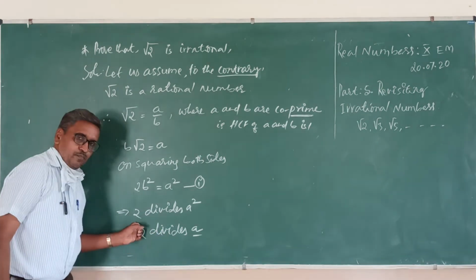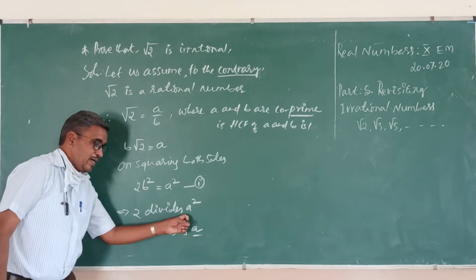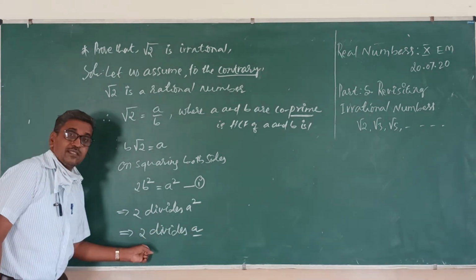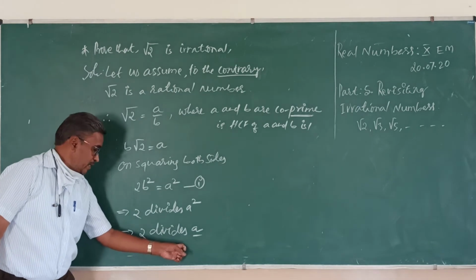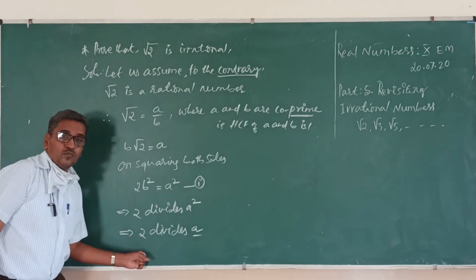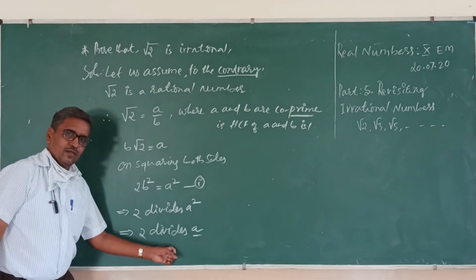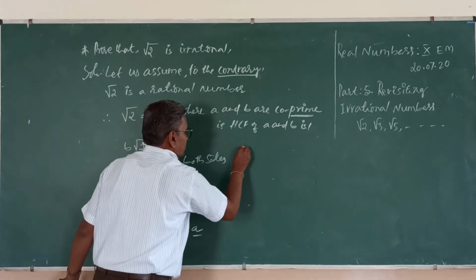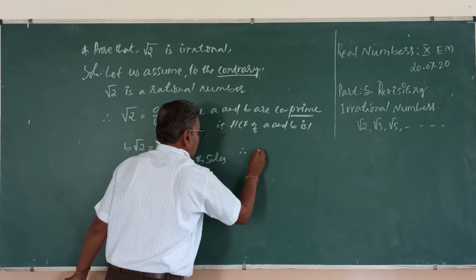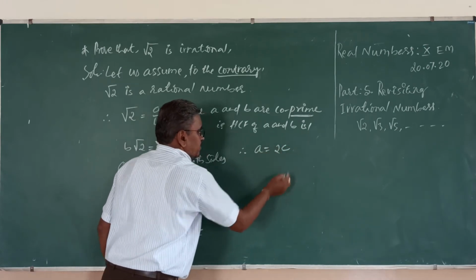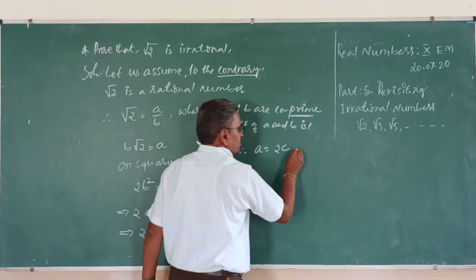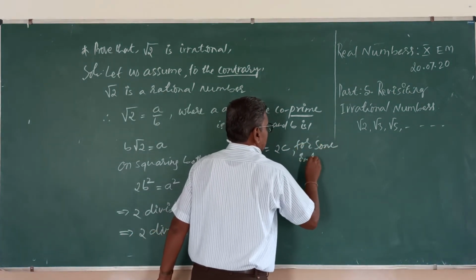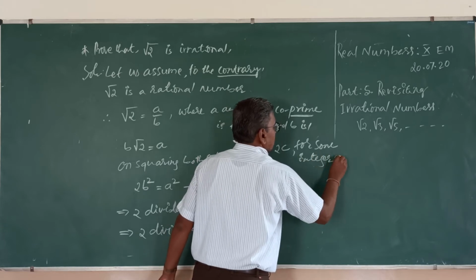The theorem which we have proved: if p is a prime number dividing a square, where a is a positive integer, then p divides a also. It means 2 is one of the factors of a. Therefore a is equal to 2c for some integer c.